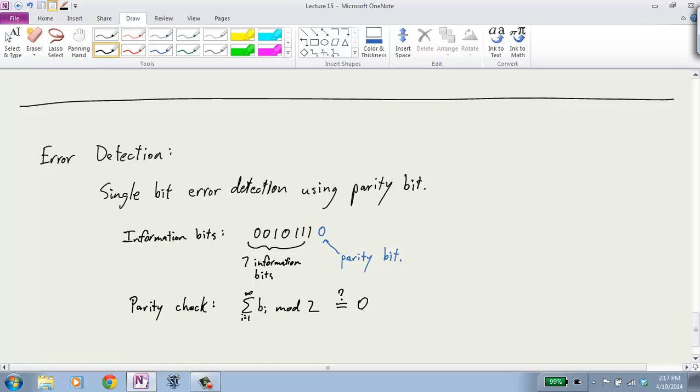Now, what if there were 2 errors? Would you detect 2 errors? No, you absolutely would not, because 2 errors would bring the parity back in order, right? So this cannot detect 2 errors. What if there are 3 errors? Yeah, so it can detect odd numbers of errors.